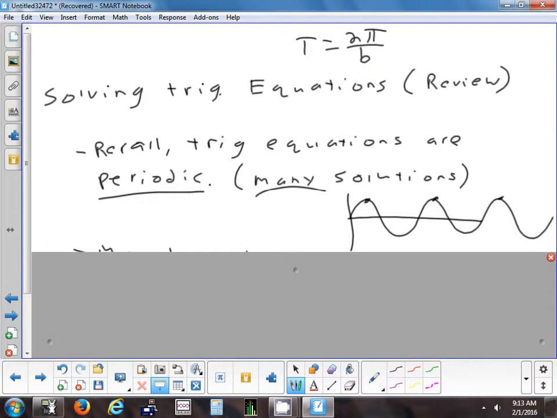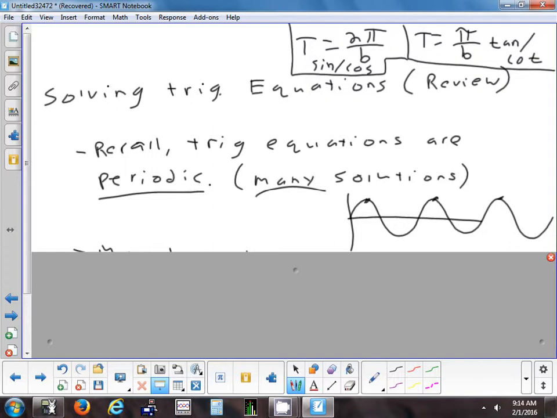That's how you find the period for sine and cosine, and also secant and cosecant, they're reciprocals. And we use this formula for tangent and cotangent. Those are your formulas for finding the period, where b is the number in front of x. Sine 3x, cosine 2x, things like that.